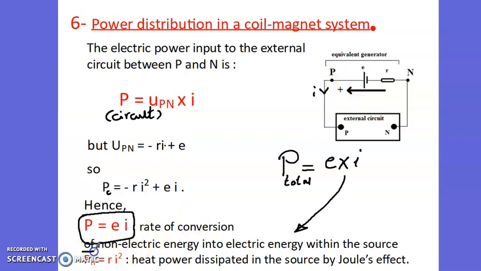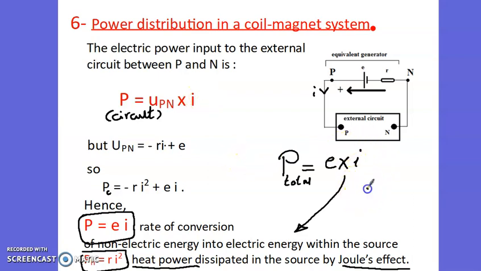You know this rule, P equal Ri squared. This is the heat power dissipated in the source, I mean in the coil, by Joule's effect. You know this. Okay? So the remaining power or remaining energy available to the external circuit here is UPN times I. Clear?